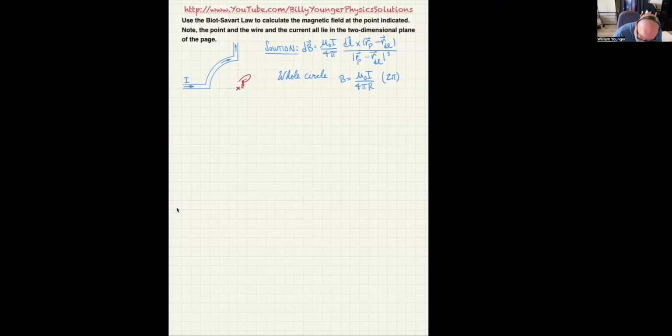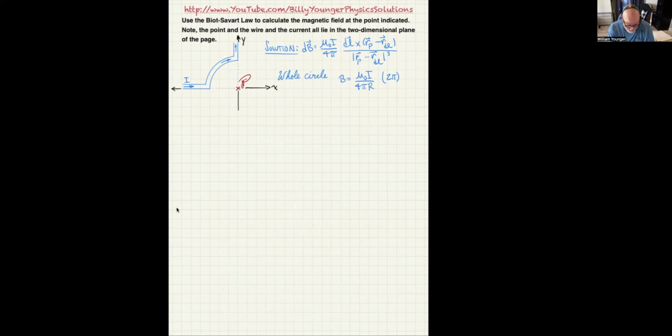I'm going to draw a coordinate system so we can make some sense of what rp and r_dl are. I think it would be very smart to call the y-axis the vertical axis going right through the point P, and I'll call the x-axis the horizontal axis pointing to the right, like so.